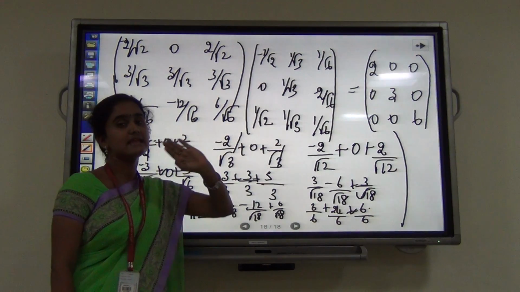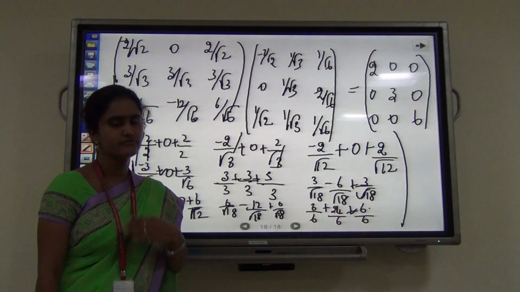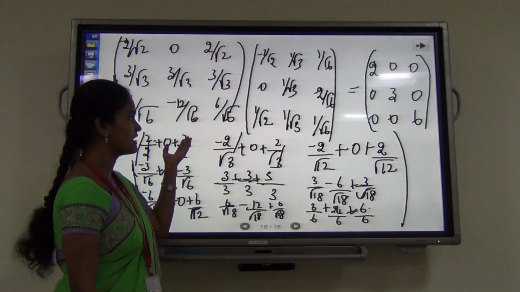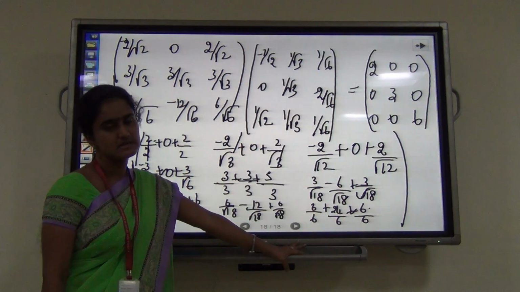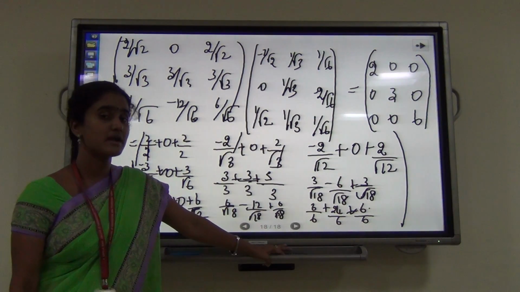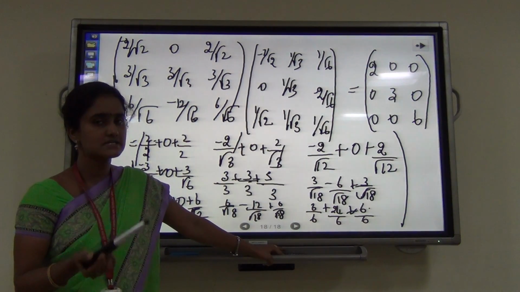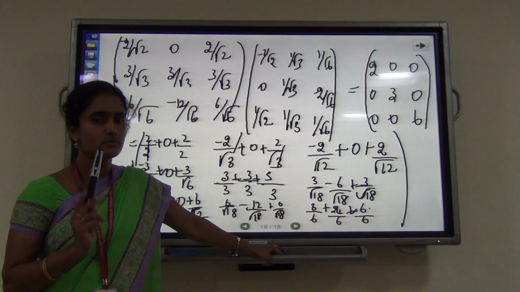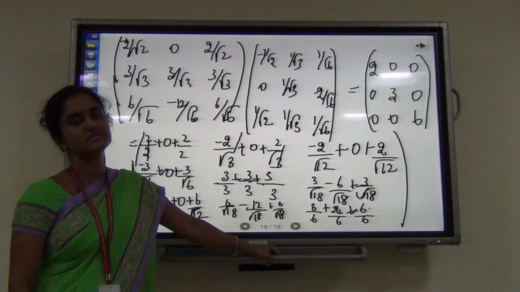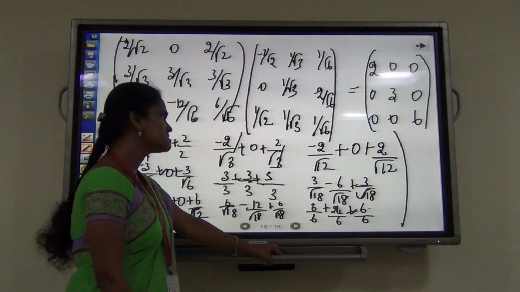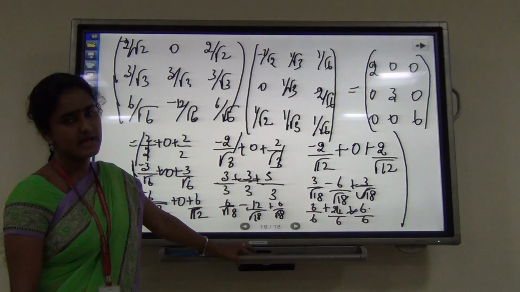So this is the diagonal matrix of the square matrix we have taken here. This is how we can find the diagonal matrix of any square matrix, and by orthogonal transformation you can do it provided the matrix is a symmetric matrix. So this is about the problems in diagonalization.